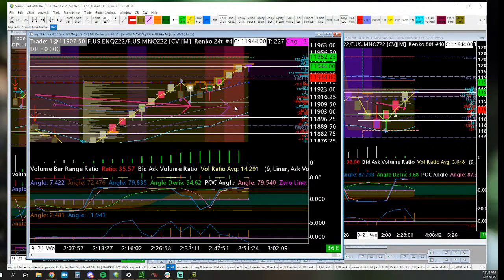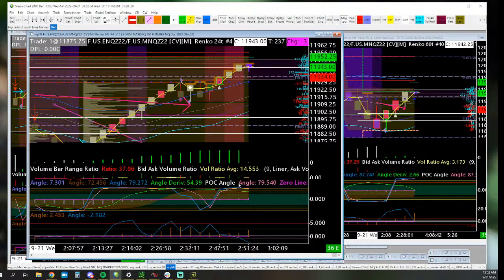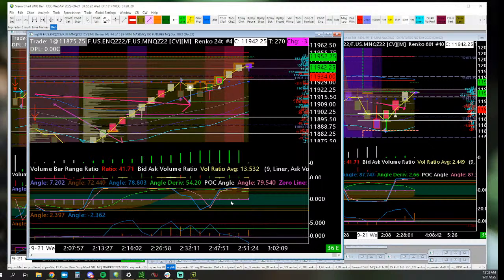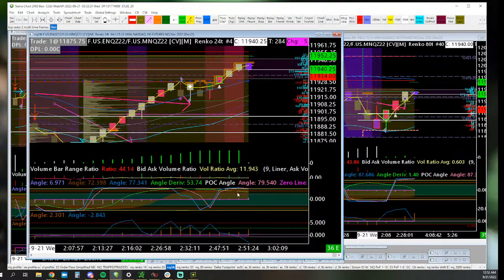So I've colored the background to identify when we have all this agreement on all of these angles, regardless of whether it's a derivative of the rate of change or the rate of change itself, regardless of whether it's the faster, the medium or the slow, or the volume weighted average or the hull moving average, whatever it is, everybody agrees it's bullish.